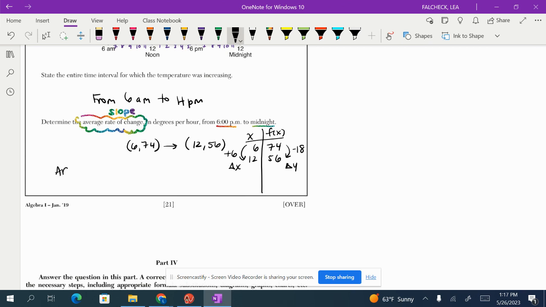The average rate of change, or the slope, is equal to the change in y over the change in x. Let's go ahead and substitute. The change in y is negative 18 divided by positive 6. That leaves me with negative 3 degrees per hour as the average rate of change from 6 p.m. to midnight.